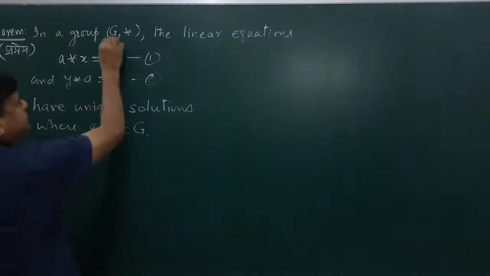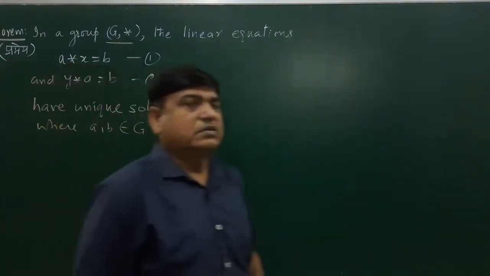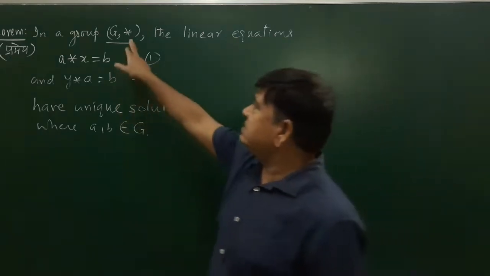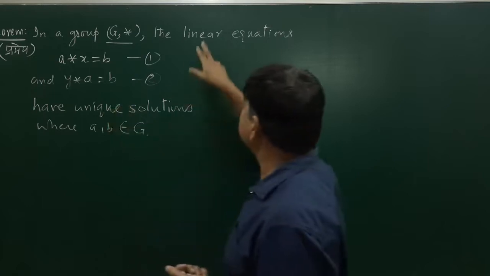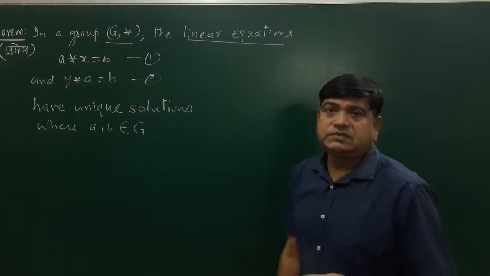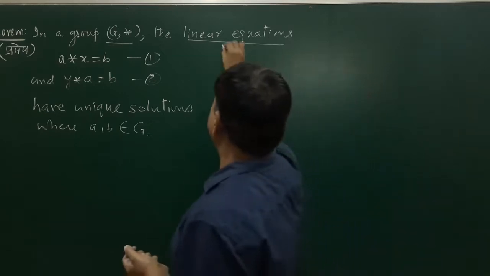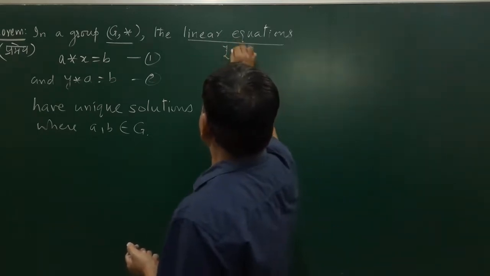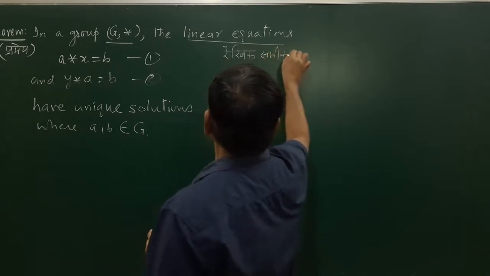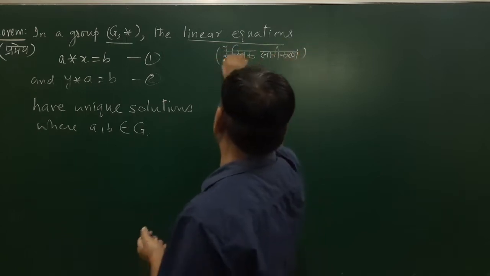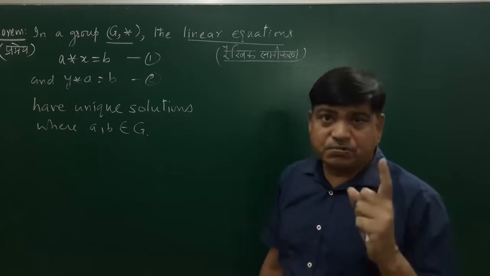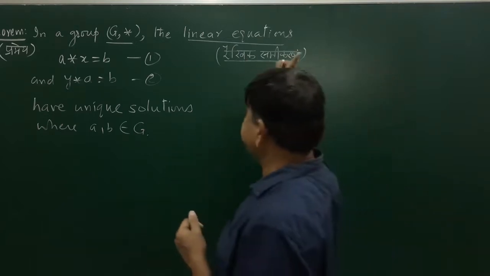In a group G, G is a non-empty set, and star is a binary composition as usual. The linear equation, रेखिक समीकरण हिंदी में, the power of the variable, that is x, y, z, must be 1. रेखिक, linear.